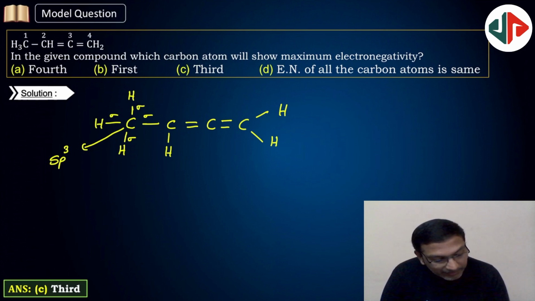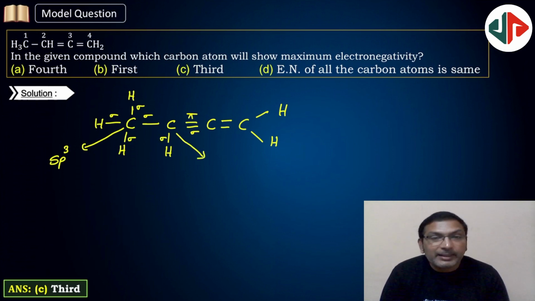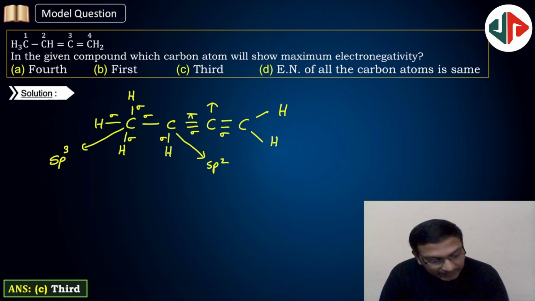Next, this carbon atom is attached to 3 sigma, 1 pi. Therefore, it is sp2. And this carbon atom is attached to 2 sigma, 2 pi. Therefore, it is sp. Next, this carbon atom is attached to again 3 sigma, 1 pi. Therefore, sp2.